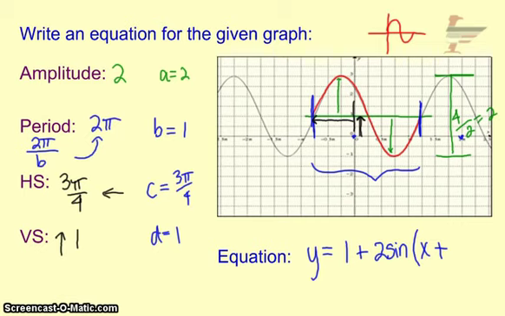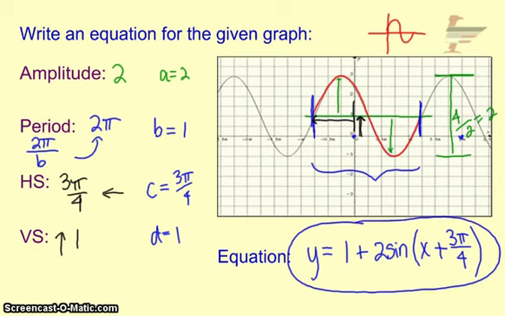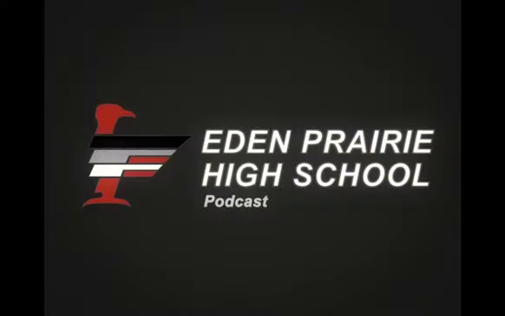The sign in the equation is opposite from the shift that happened. So x plus that 3 pi over 4. And then the vertical shift we took care of in the beginning. So there is our equation for the shifted graph.